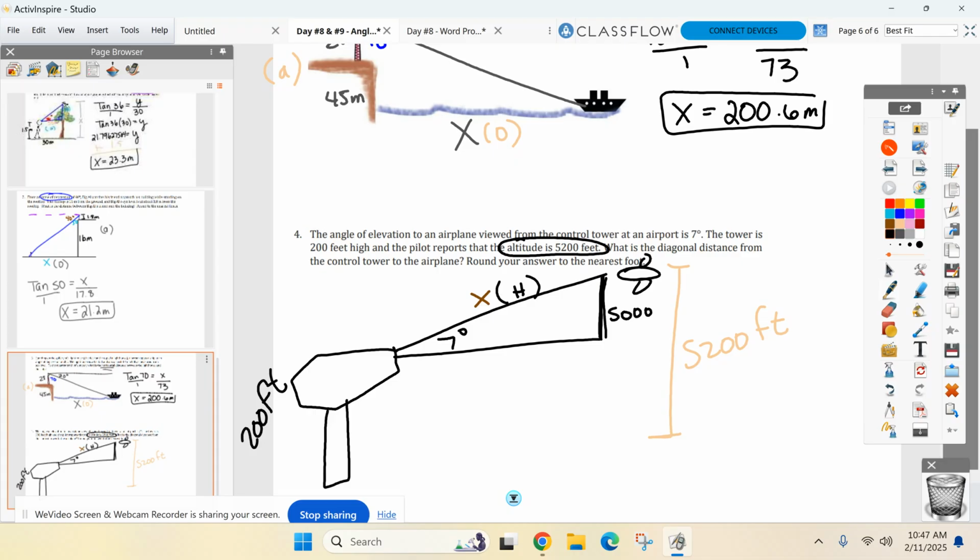Subtracting those, we should have used sine of 7 equals opposite over hypotenuse, 5,000 over x.